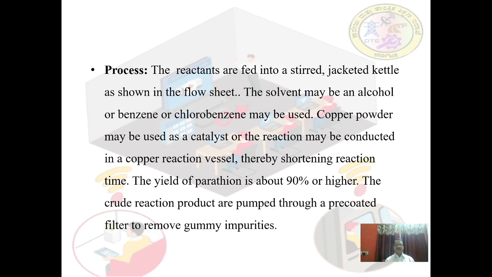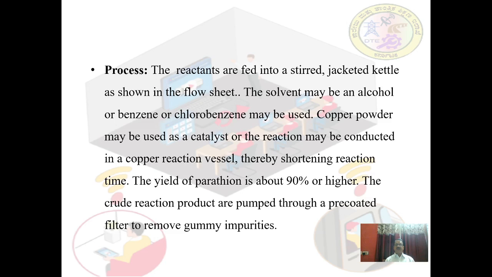It is the process. The reactants are fed into a stirred jacketed kettle as shown in the flow sheet. The solvent may be an alcohol, or benzene or chlorobenzene may be used.